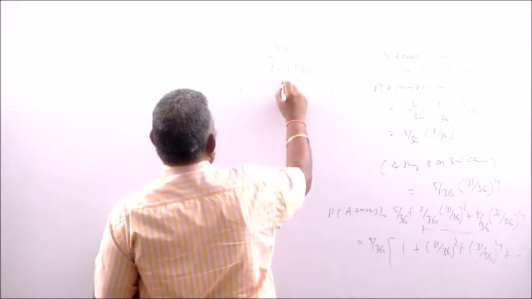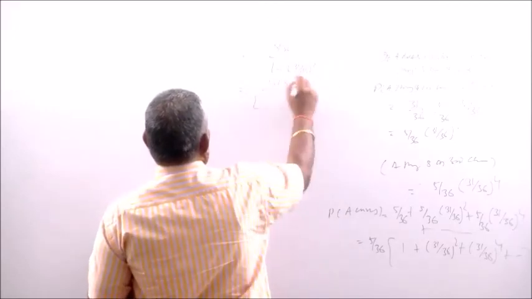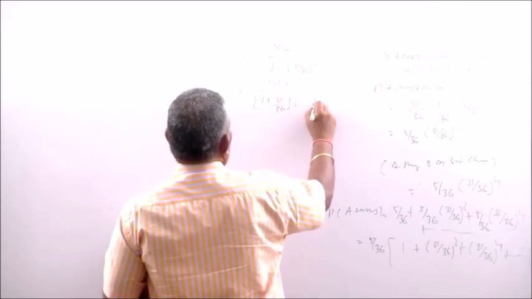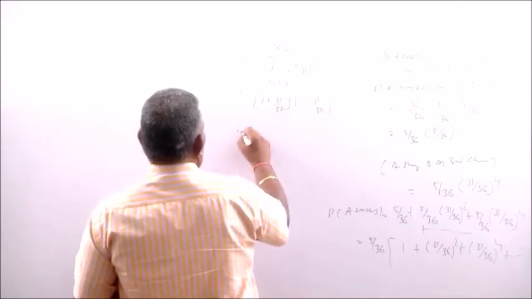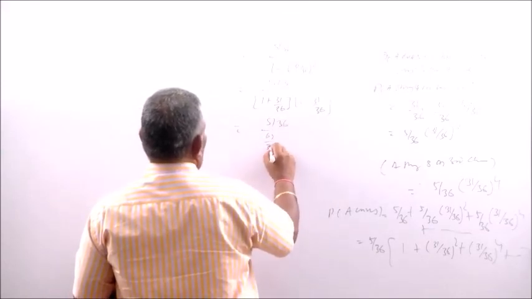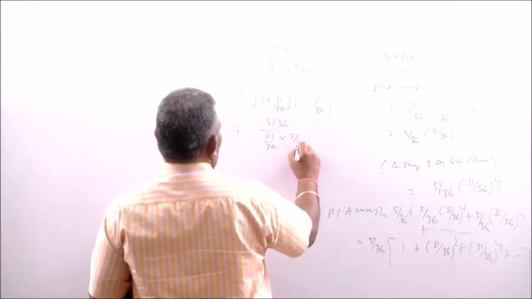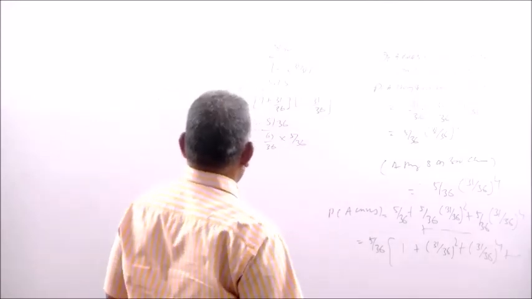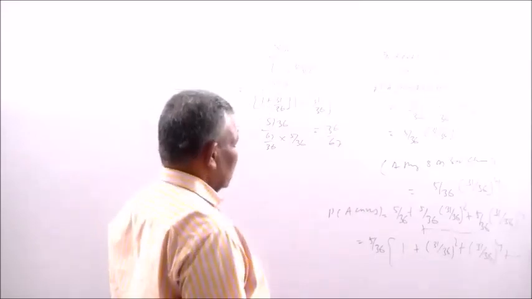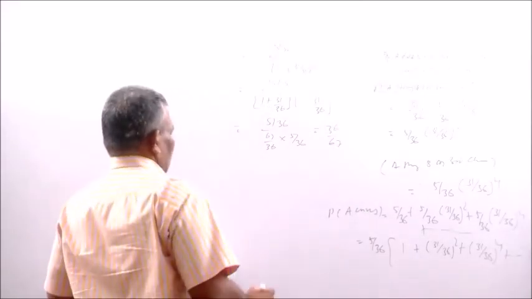Using a square minus b square form, 1 by 1 minus 31 by 36 gives 5 by 36 divided by 67 by 36 multiplied by 5 by 36. So we have 36 by 67 as the chance that A wins.